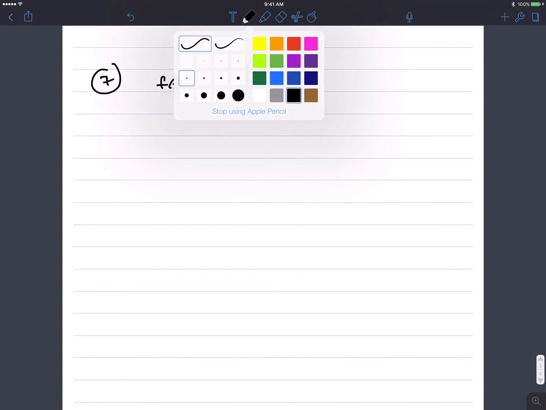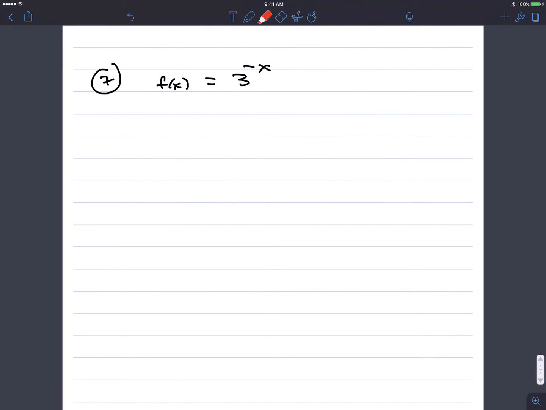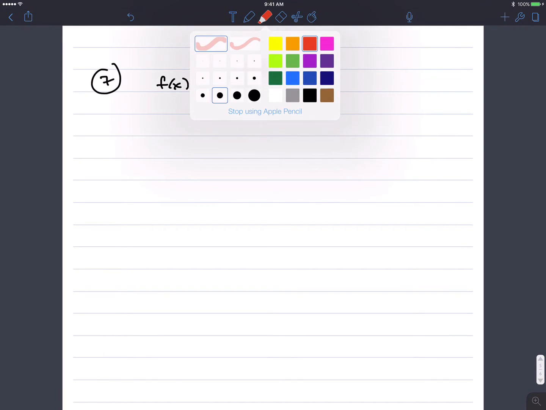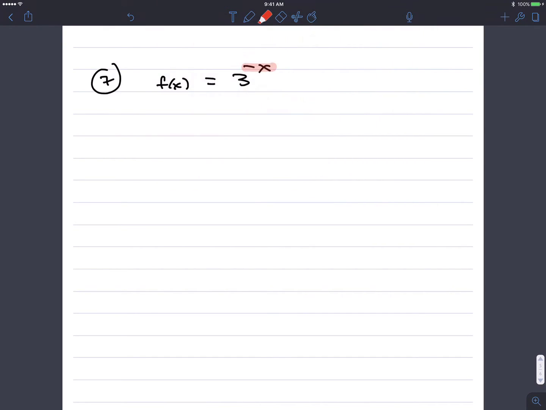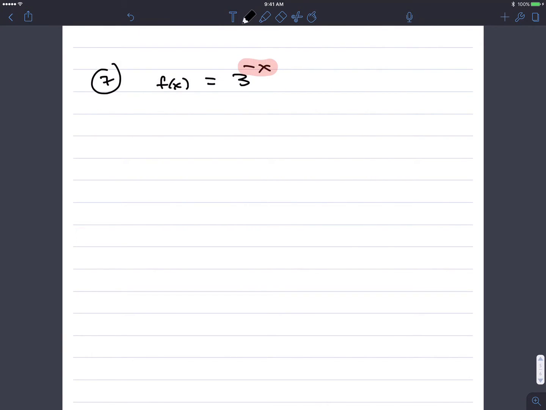Let's see. Take a look. See this power, negative x? Let's see what this really is. This function is really 3 to the negative 1 times x. Is that true? Because that's what negative x is, negative 1 times x.